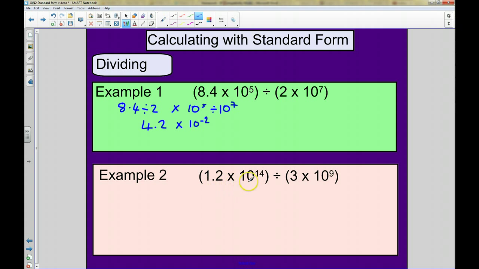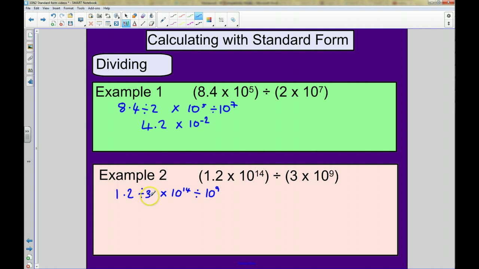In the second example, we've got 1.2 times 10 to the power of 14 divided by 3 times 10 to the power of 9. Now, if I bring the 1.2 divided by 3 bit together, and I'm going to times that by 10 to the power of 14 divided by 10 to the power of 9.